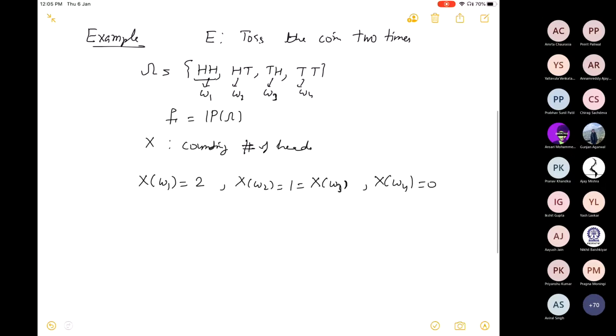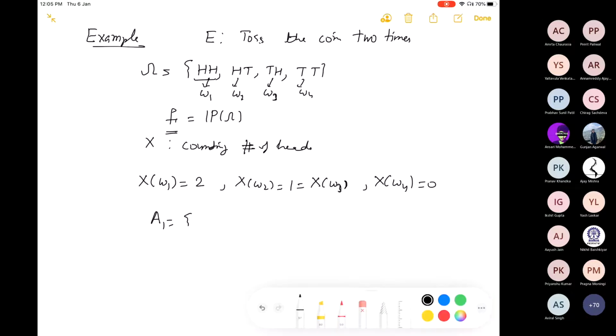Okay, so similarly, we can take some event also, which is nothing but some element from the F. We can take this as omega 2, omega 3.